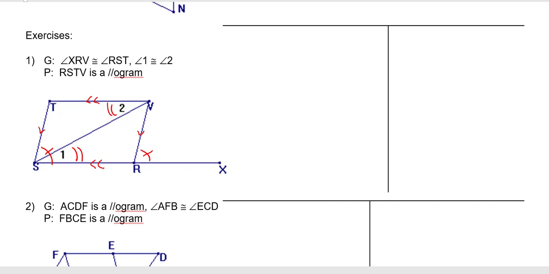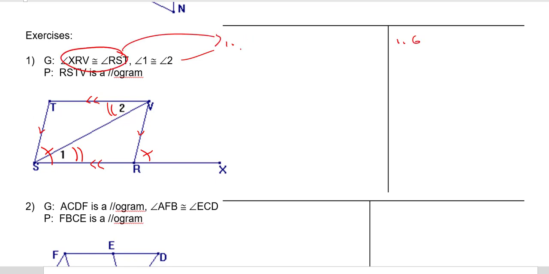So let's go ahead and write this out. What you would do is step 1. Let's do these things first. Okay, that's given. Step 2. I know that TS is parallel to VR because corresponding angles congruent will give you parallel lines.